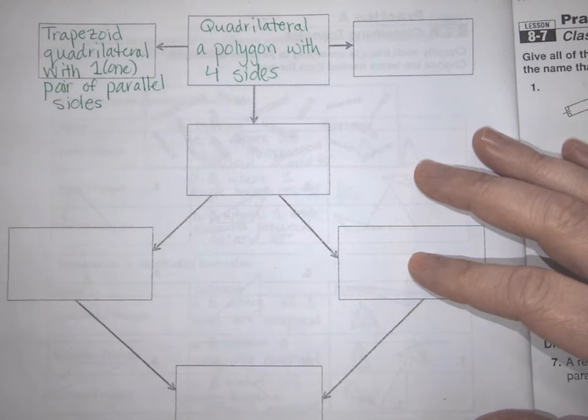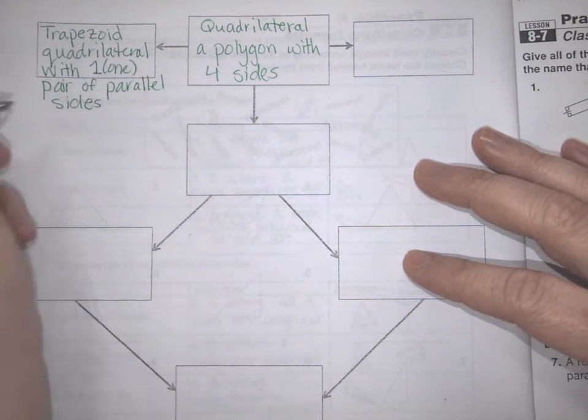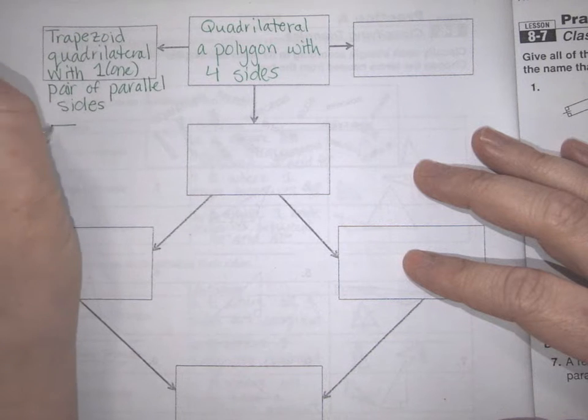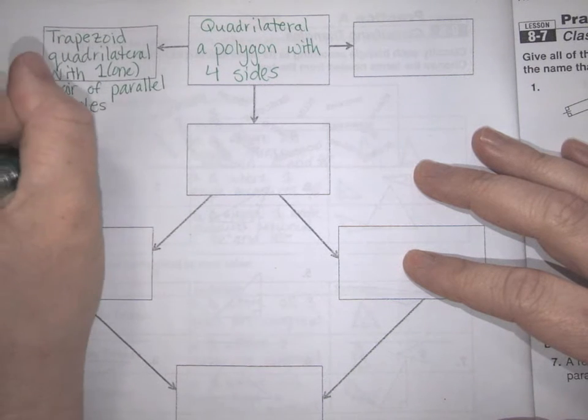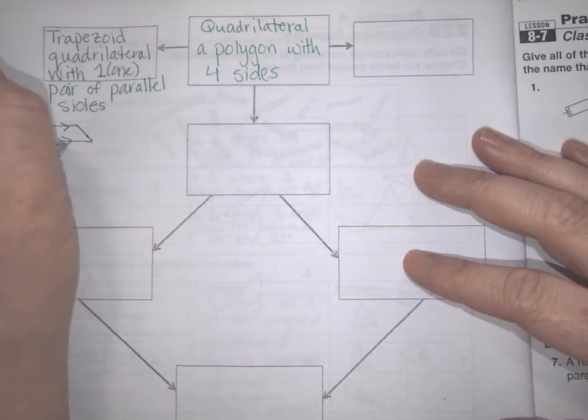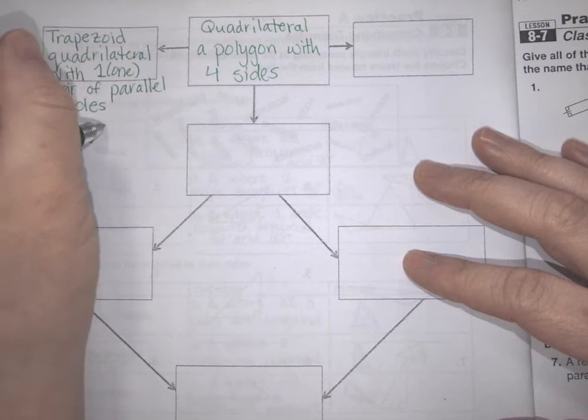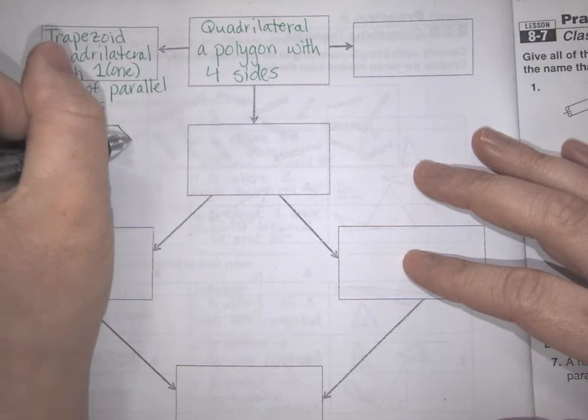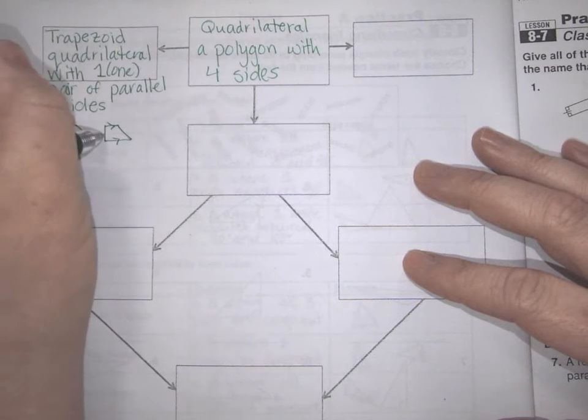Okay, so there's different ways that a trapezoid can look. You can have kind of the standard isosceles trapezoid. So these sides are parallel to each other. You can have a right trapezoid, so it has a right angle in it.